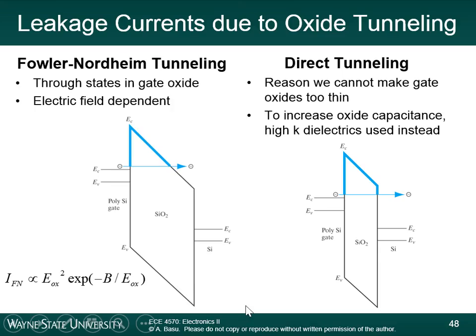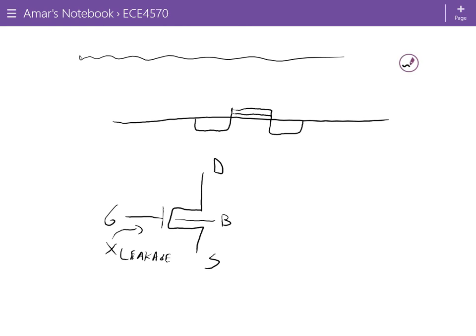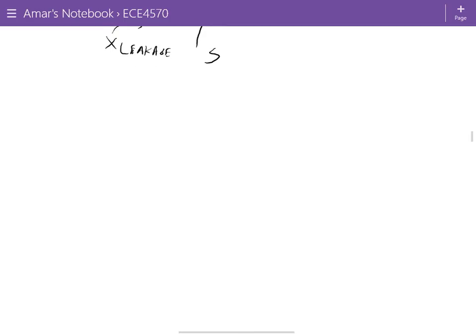Remember that an oxide is an insulator. Insulators can have a conduction band and a valence band as well. Remember from back in chapter 2, a semiconductor has a conduction and valence band with a small spacing between them.